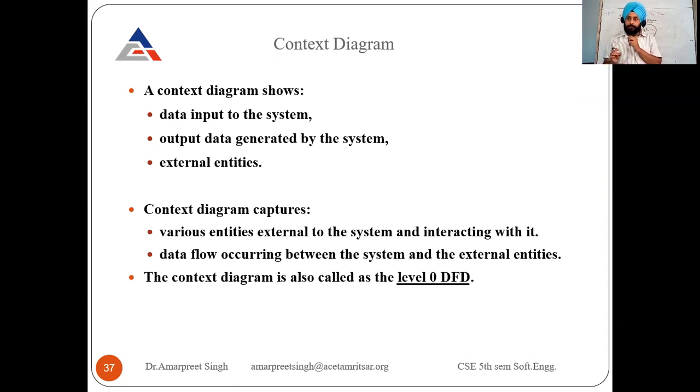It also shows data flow occurring between the system and the external entities, like here. The context diagram is also called zero level DFD or level 0 DFD. Just remember, context diagram is known as level 0 DFD.